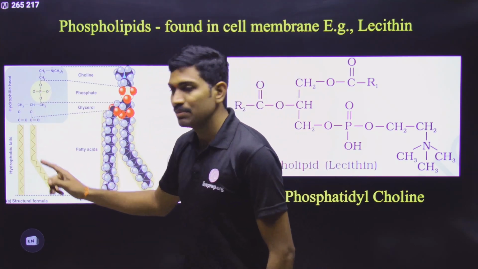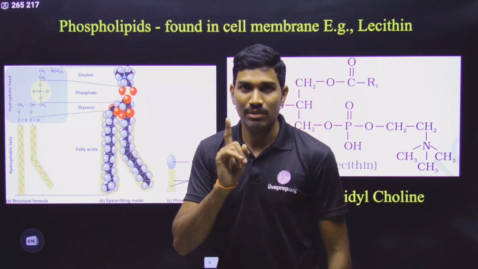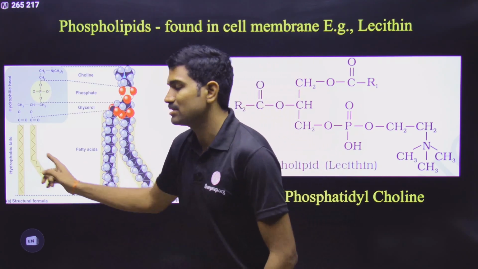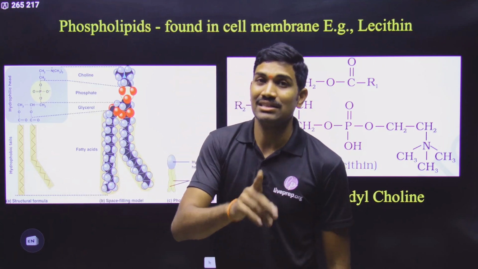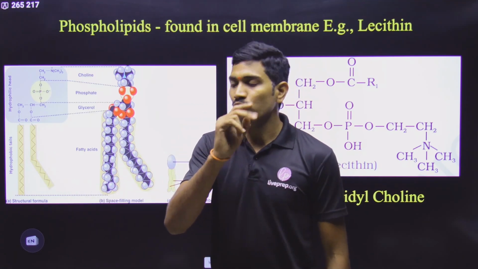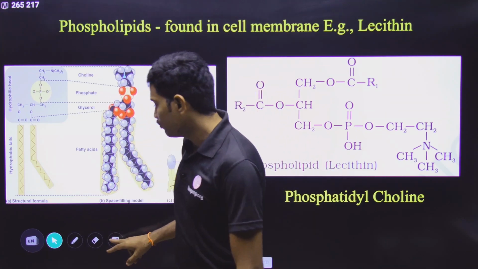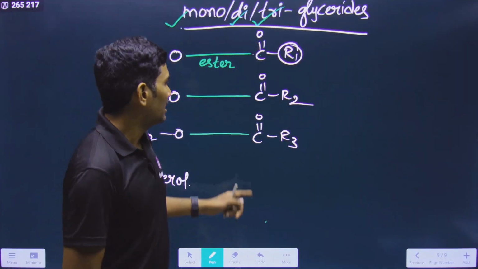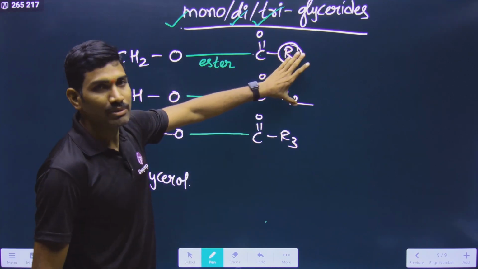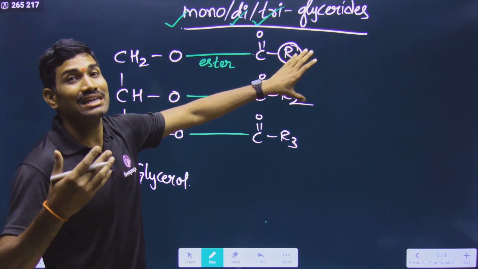How many tails are present? Two tails are present in the membrane phospholipids. These two are fatty acids. Two fatty acids means they are a type of diglycerides. Yes or no?